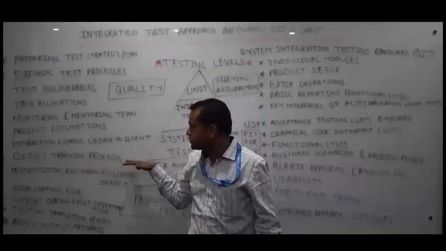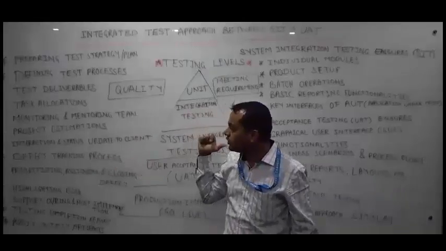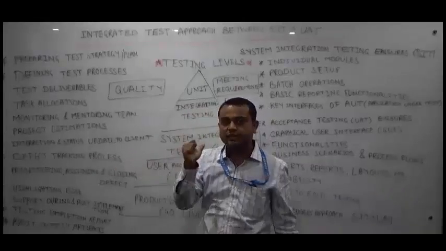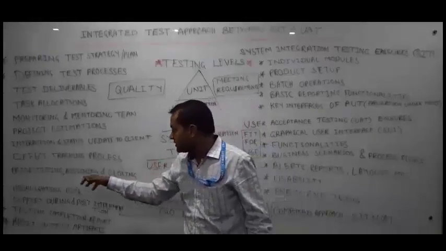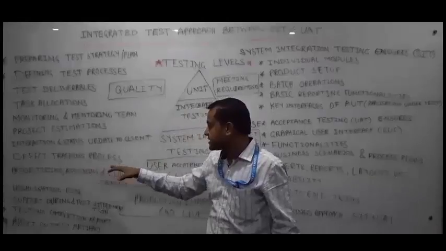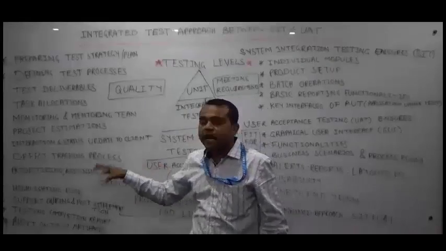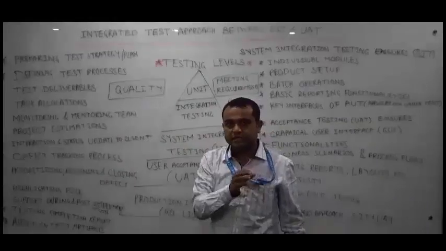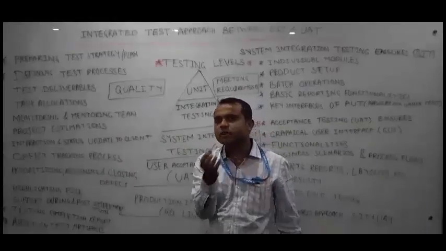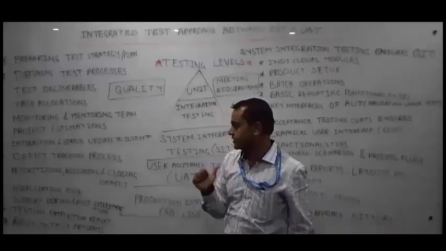Then the defect tracking process, starting from raising the defect to tracking, monitoring, prioritizing, assigning and closing the defect. Then highlighting risks, whether it is a major risk, a critical risk or a simple minor risk, that we need to highlight.